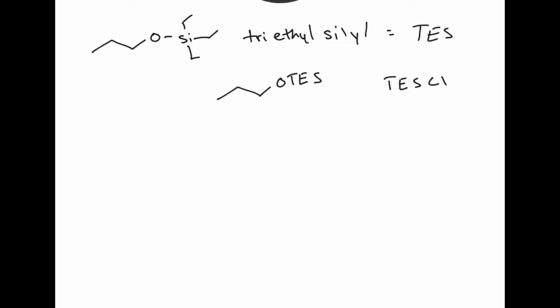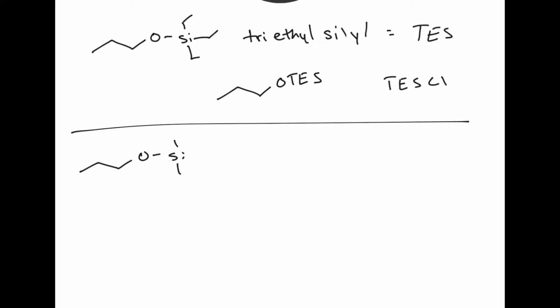Next size up is the first one that we're going to have that doesn't have all the same groups. Here is the silicon. So we have 2 methyl groups and a tert-butyl. This is tert-butyldimethylsilyl. Now, if you got nothing out of this class, it is that you should have gotten that organic chemists are lazy.